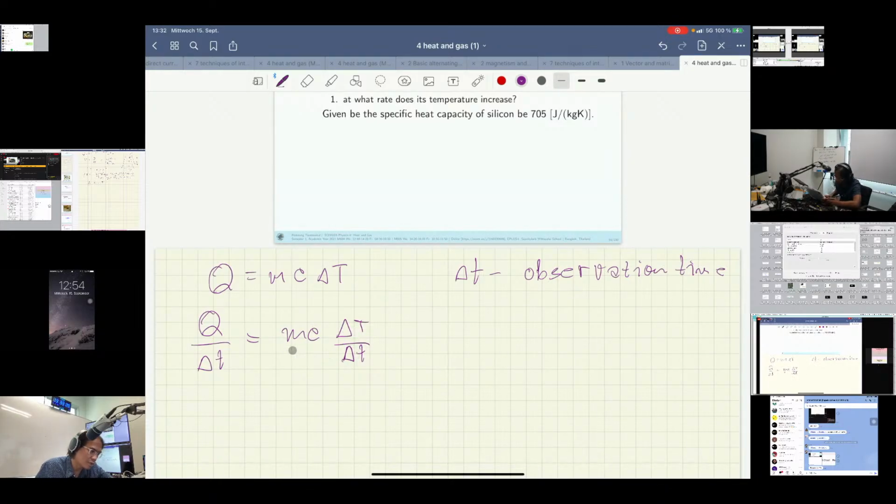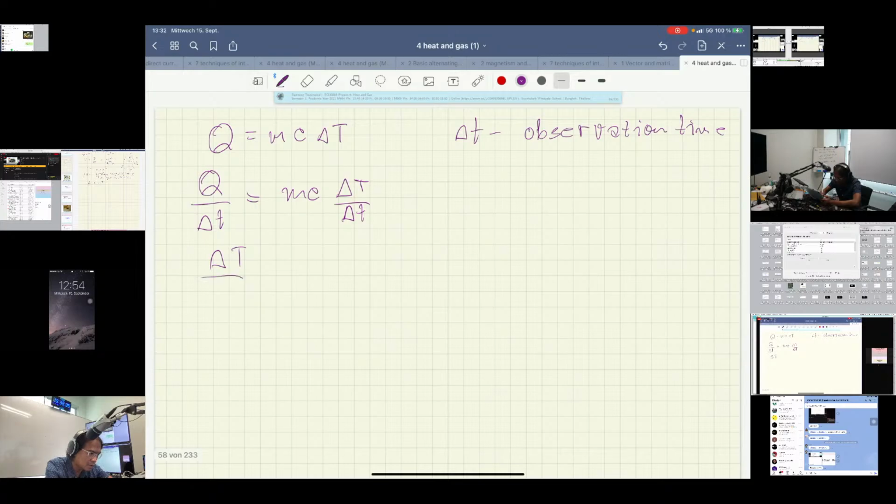We are gonna move m c to the left hand side, then we would get delta T divided by small delta t, okay? The upper quantity is the change of temperature, and the small one is the change of time, right? It's rate of change.